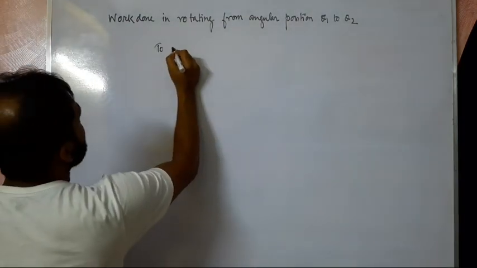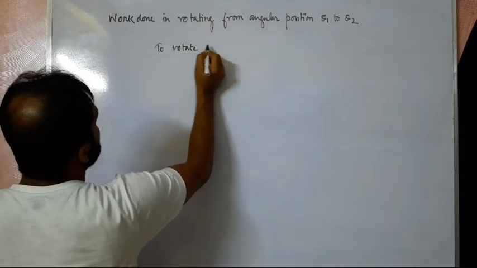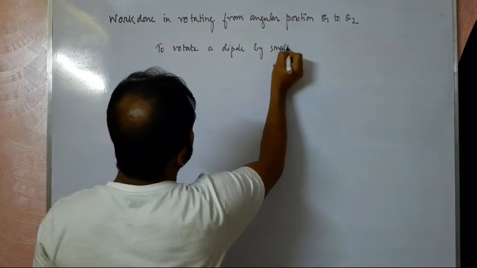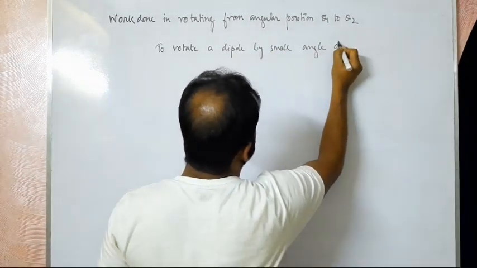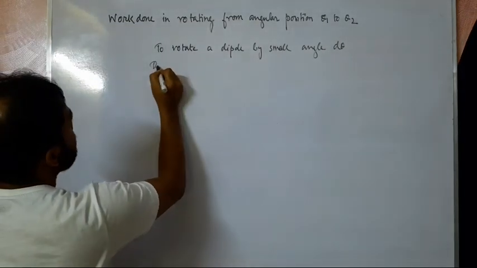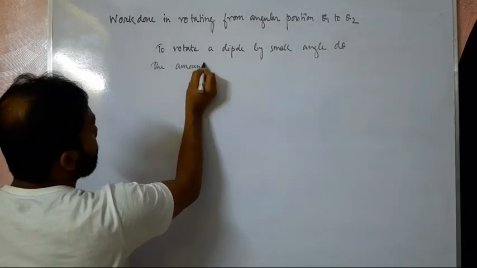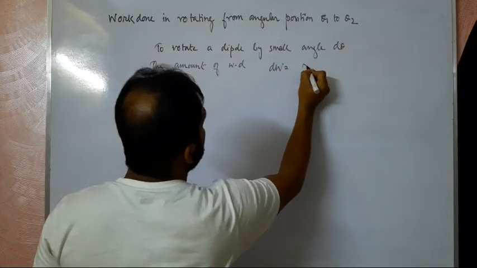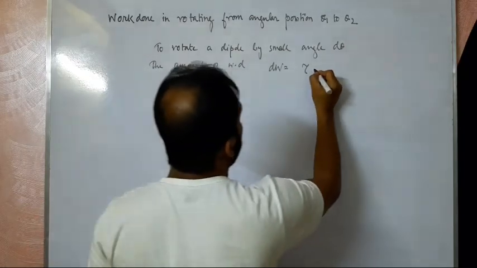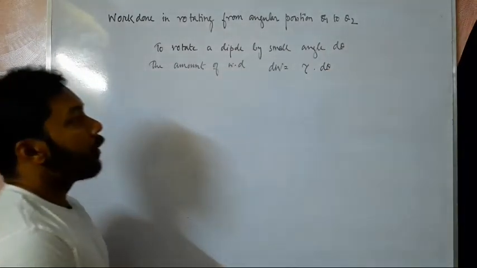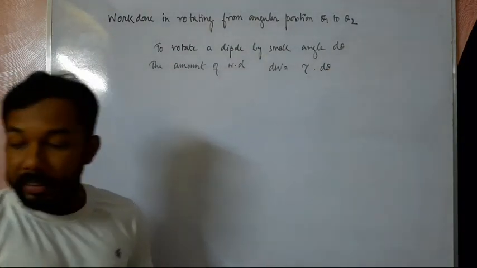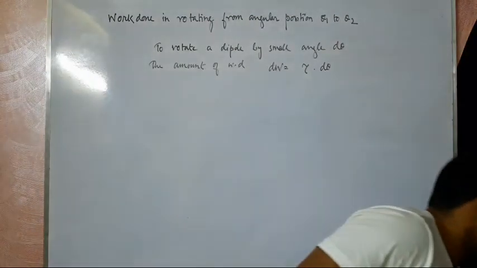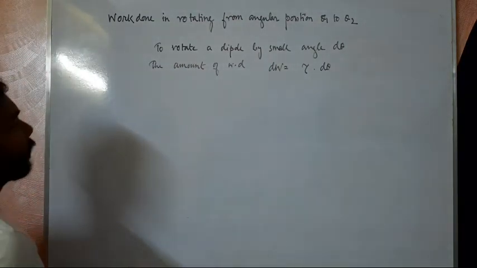To rotate a dipole by a small angle dθ, the amount of work done will be dW, and we know rotational work done is τ dθ. Now we have to integrate this in order to find the amount of total work done.